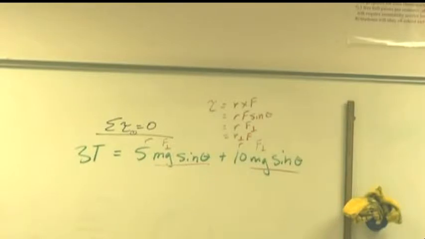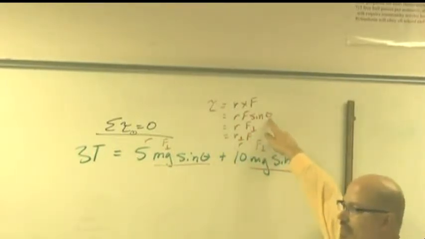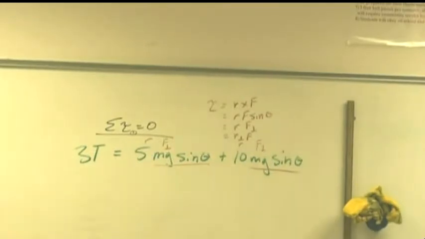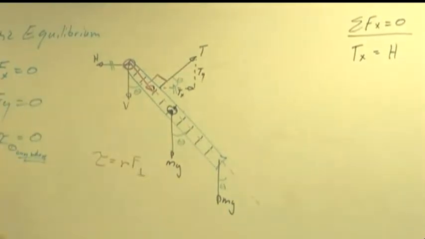For us, the radius times the perpendicular part of the force seems to be the easiest, because a lot of times picking out that angle is not the easiest thing to do, although for us, you notice that our radius is going out this way. I wrote that wrong, and this is the proper theta to use anyway.